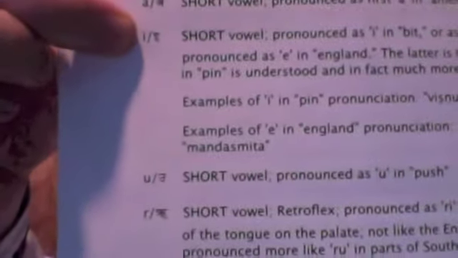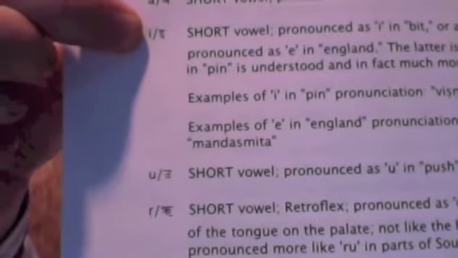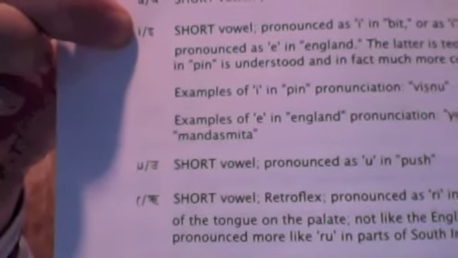The next one is I, written with the English letter I, pronounced I. I give some examples here of how to pronounce it. Pronounced as the letter I in the word bit, or as the letter I in the word pin, or sometimes also pronounced as the E in England.